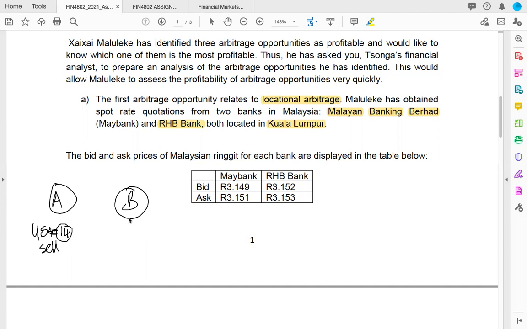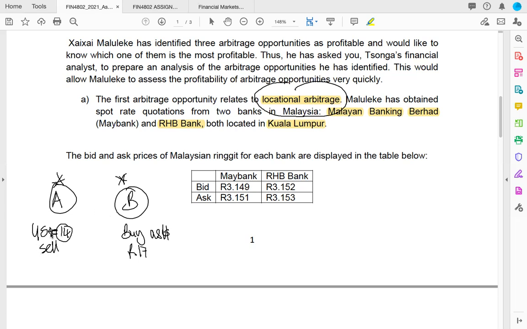And then let's say you have another bank, Bank B, which is prepared to buy US dollars for 17 rand. So here you can have locational arbitrage because you have two banks in different locations which are effectively selling the same currency at different prices.